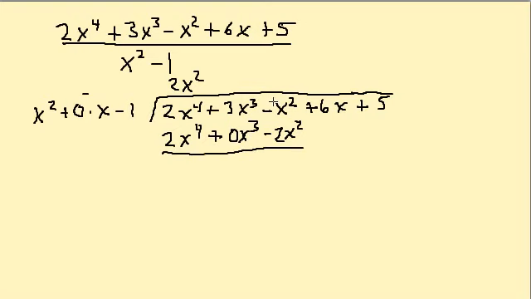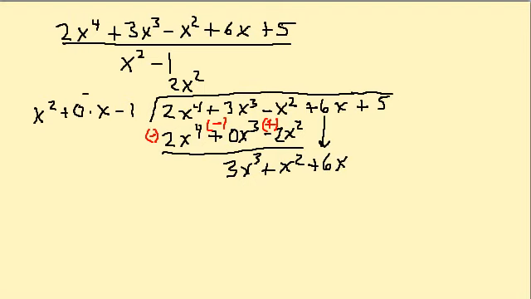So to subtract, we change the sign of each term and add. So I get 2x to the fourth minus 2x to the fourth is 0. 3x cubed minus 0 is 3x cubed, and then minus x squared plus 2x squared is plus x squared. And then I bring down my next term plus 6x.